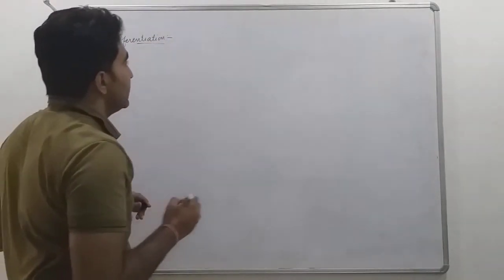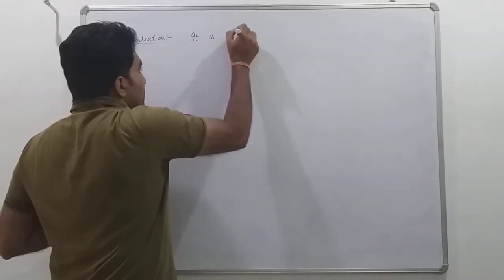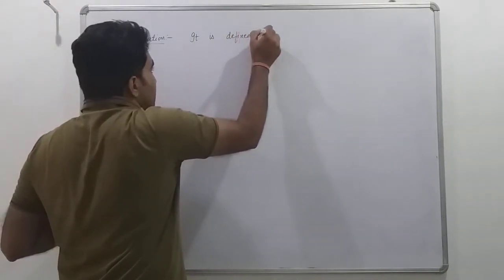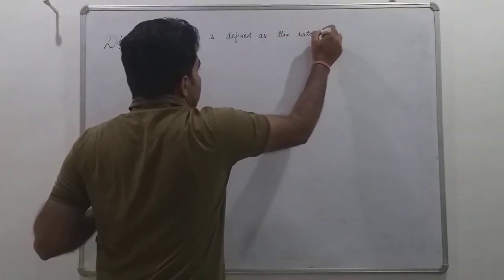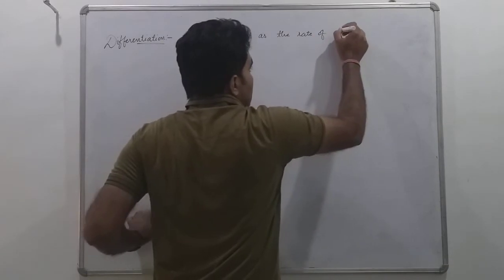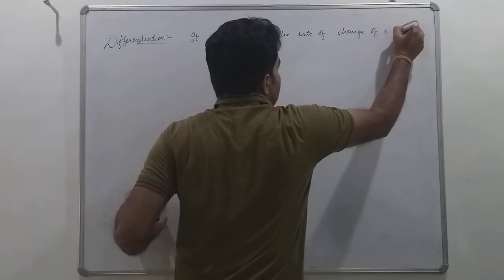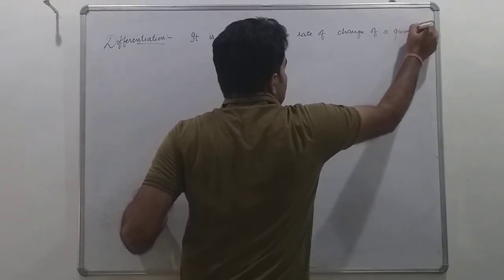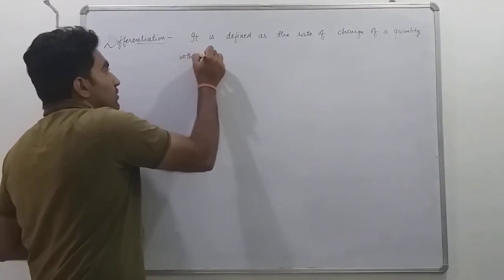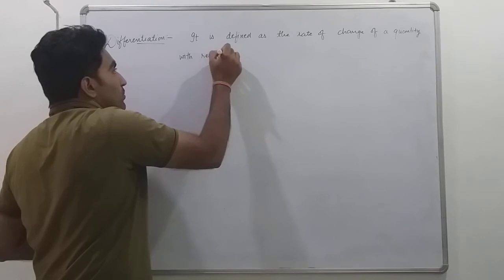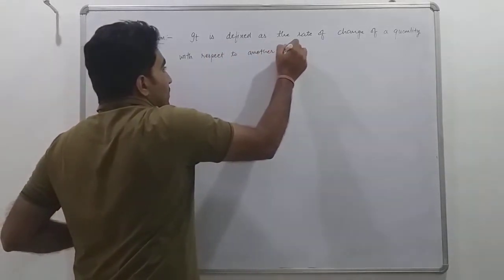Differentiation is simply defined as the rate of change of a quantity with respect to another quantity.